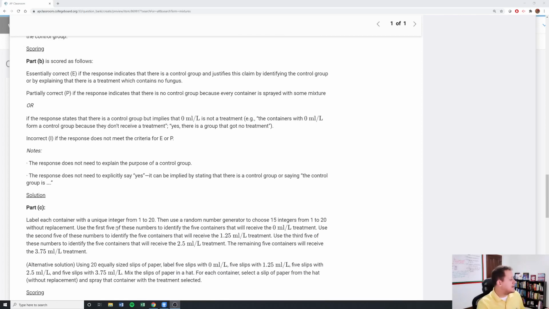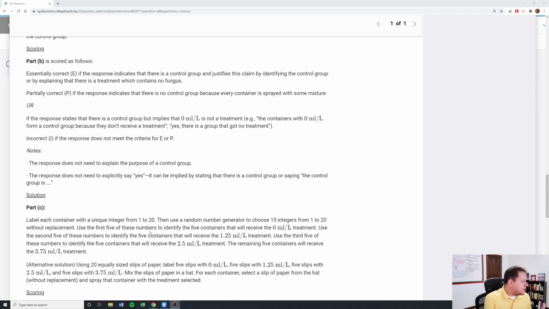And this first one is them using a random number generator. Label each container with a unique integer from 1 to 20. Okay, that's another clue that the experimental units are the containers, because that is what you are numbering, not the individual insects. Then use your generator to choose 15 integers from 1 to 20 without replacement. You could have used all 20. They're kind of cutting a corner at the very end here.